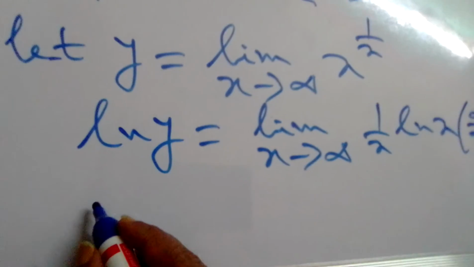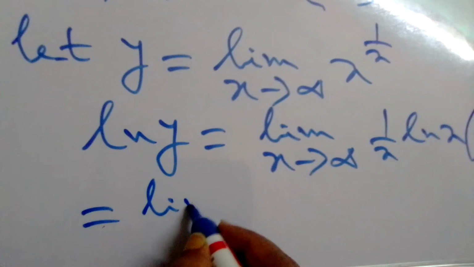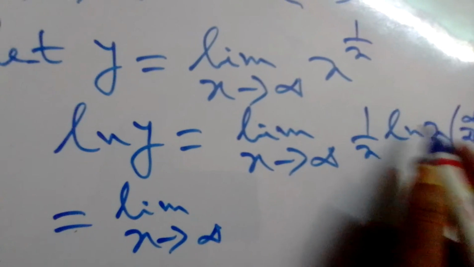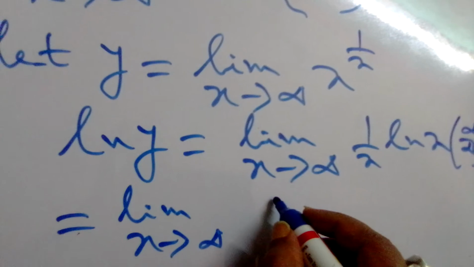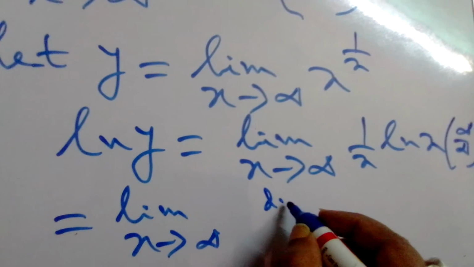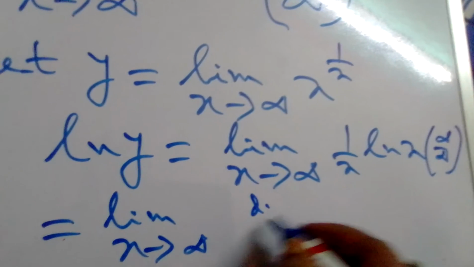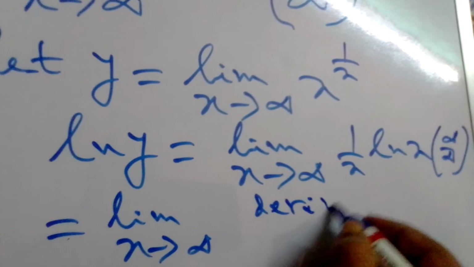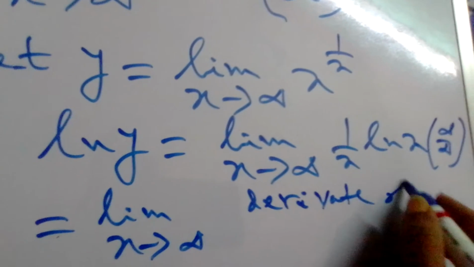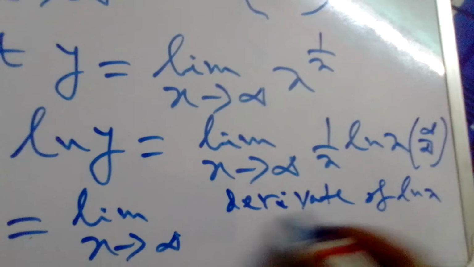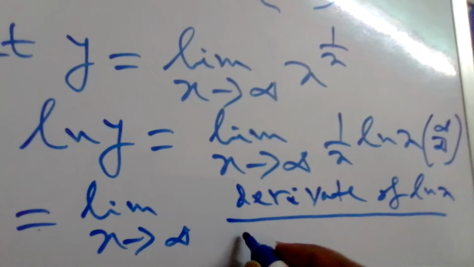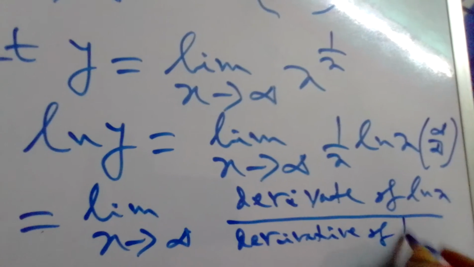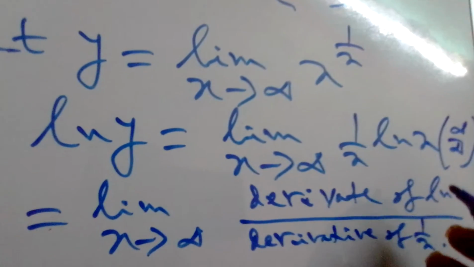And now if we apply L'Hospital's rule, limit as x tending to infinity, derivative of ln x by derivative of 1 by x. This is our result by L'Hospital's rule.